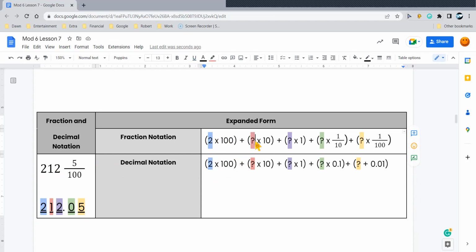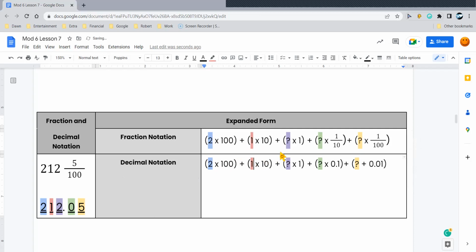So right here, I need to write a 1, and I'm going to do it in both notations. And now, you guys, I get to figure out what's in my ones column, and I see that it's a 2. So right here, I'll write a 2.